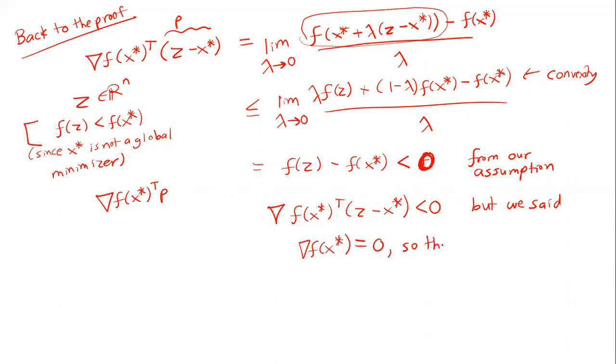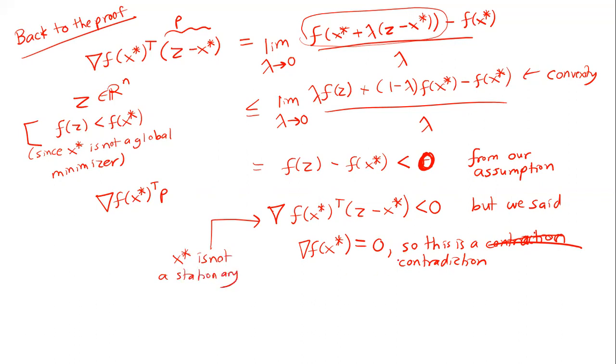So this is a contradiction, because it can't be both less than 0 and equal to 0 at the same time. And so if this was true, what this would mean is that x star is not a stationary point, which we said it was. So proof by contradiction. Okay, great.